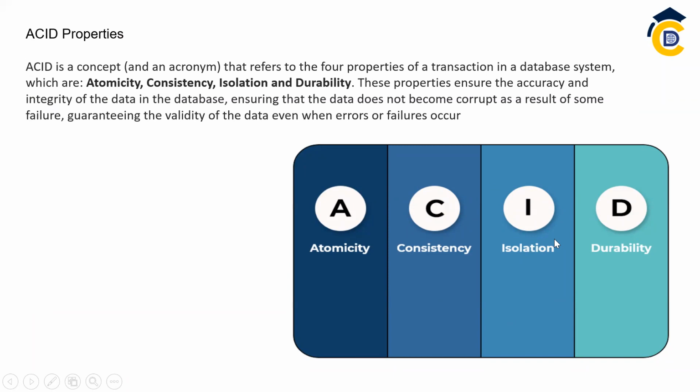To be called a database management system, you need to adhere to these properties. I cannot just open an Excel sheet, create 100 Excel sheets and say this is my database management system. Anybody would call it a storage system or file system. It has to adhere to certain qualities.